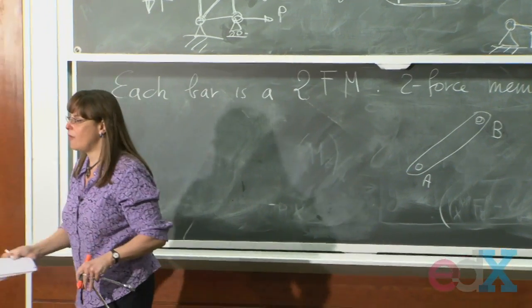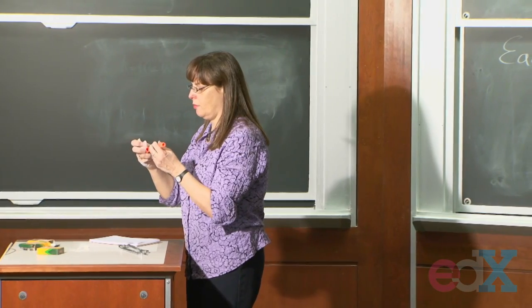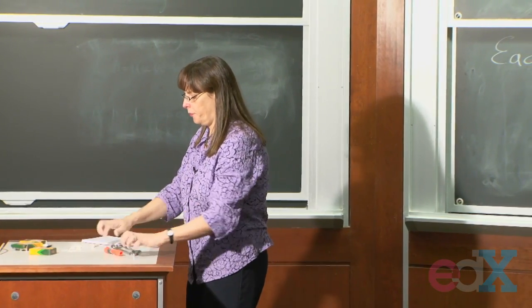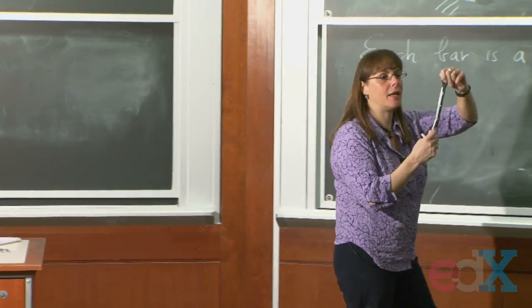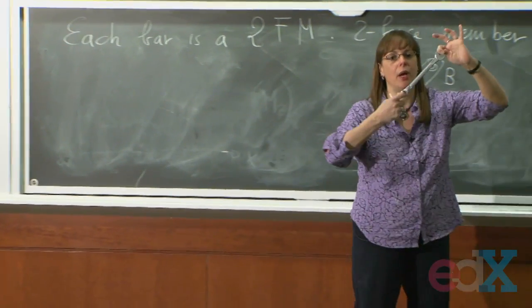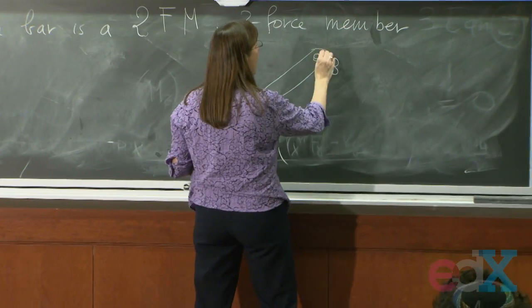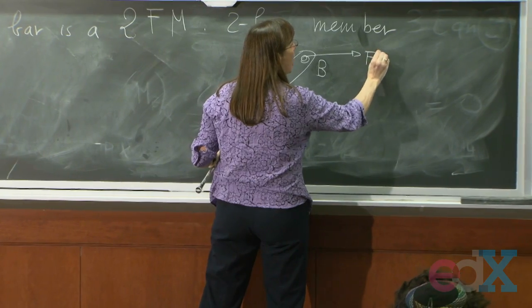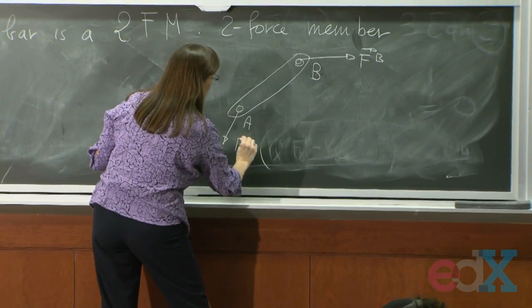Okay, so now I have a bar. I have a bar, and the only place where I can apply load in this bar is at the two ends, point A and point B. All right, so I can only have a force FB and another force FA.